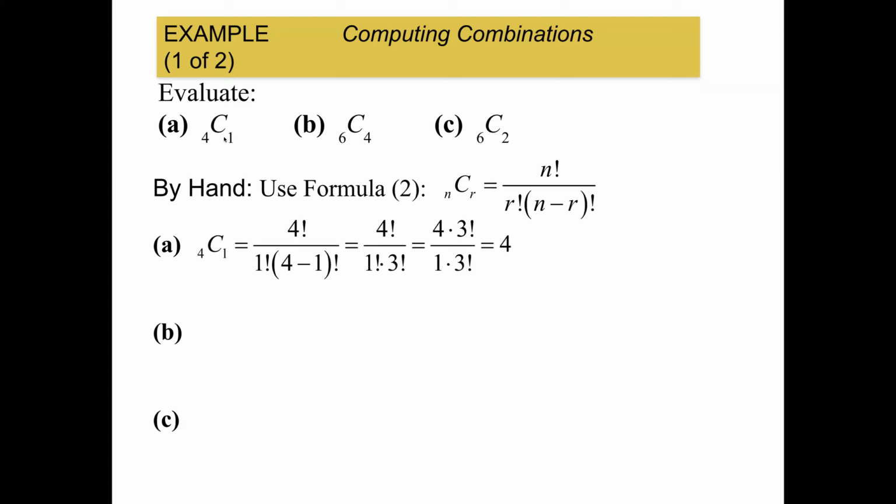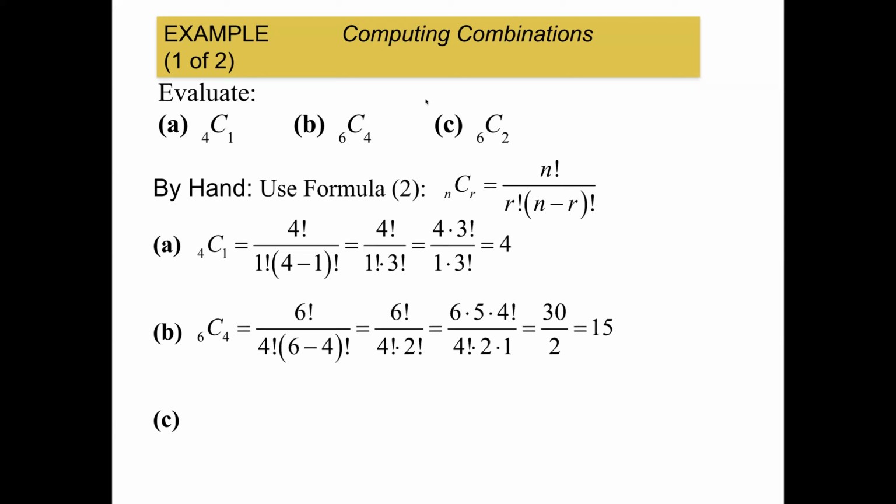But again, just think of the logic. How many ways can I choose one, where order's not important, from a group of 4 distinct objects? Well, I can choose just one, each of 4 times. So this should make logical sense that the answer should be 4. But what about the second example? Six distinct objects, how many ways to choose 4 where order does not matter? We just plug it into the formula, and you can see how things get reduced.